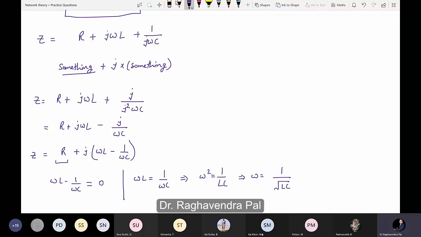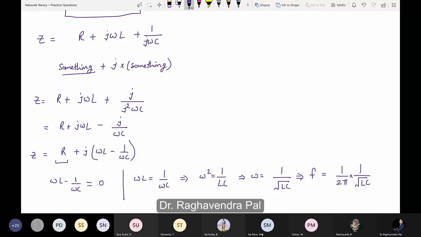So this is the expression for resonance frequency of the series resonance circuit. Okay, if you want to convert it into f, how you will write? f is equal to 1 upon 2 pi under root LC. Okay, like this you can write. So this is the expression for the resonance frequency of series RLC circuit.